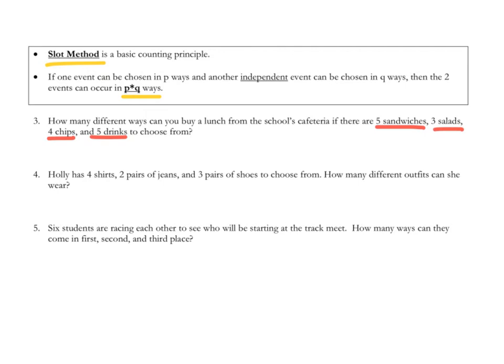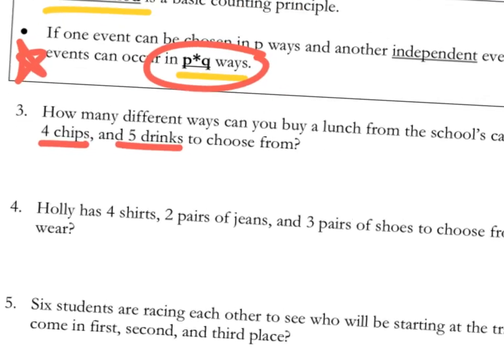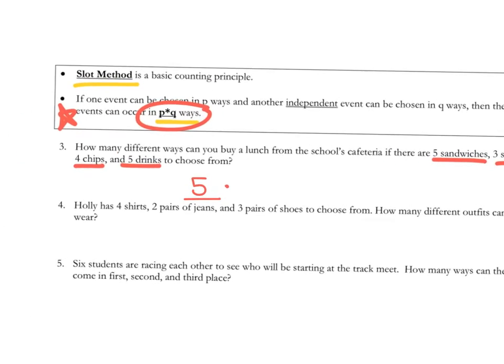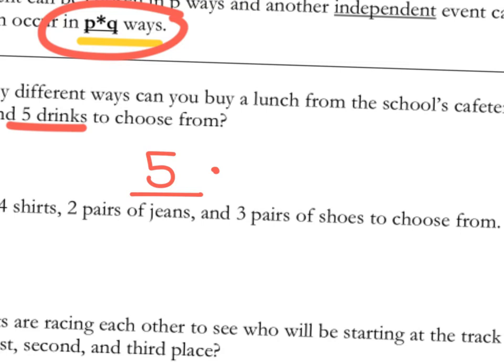Well, let's see. This is the second bullet point. Basically, it's saying if there are all these different options, all I need to do is multiply those numbers together, and that's the amount of different ways I have. So I'm choosing one sandwich, and there's 5 possibilities. So there's 5 sandwiches, times the 3 salads, the 4 chips, so I'm just multiplying. 5 times 3 times 4 times my 5 drinks.